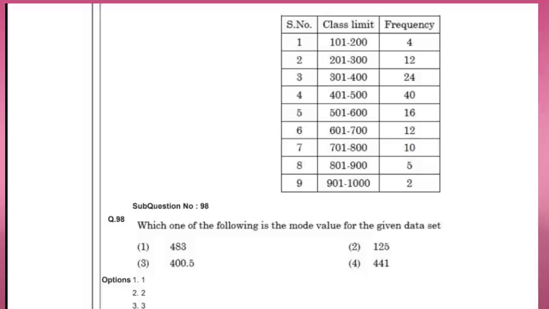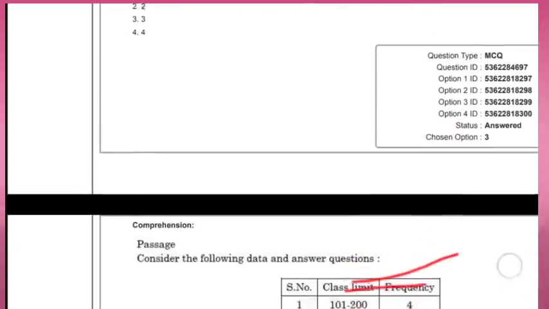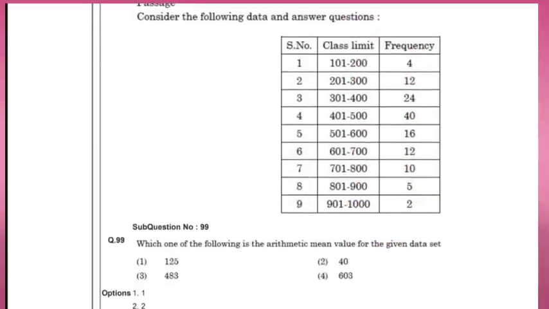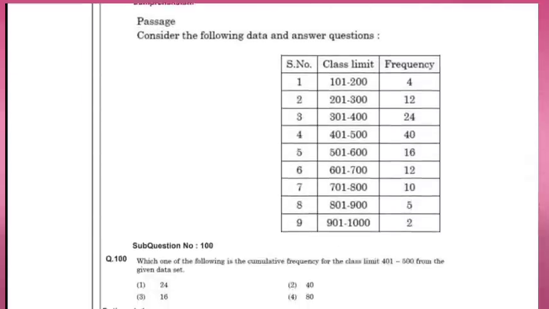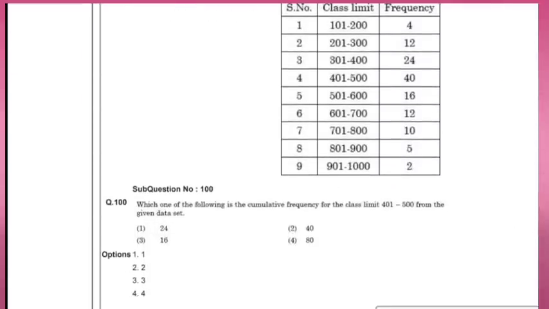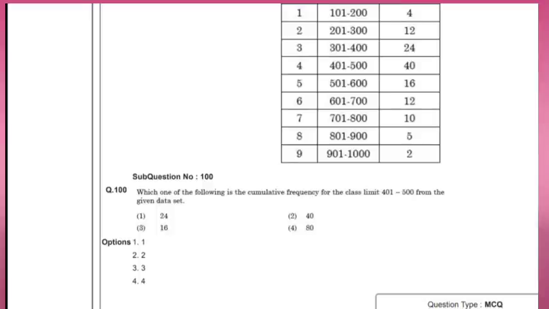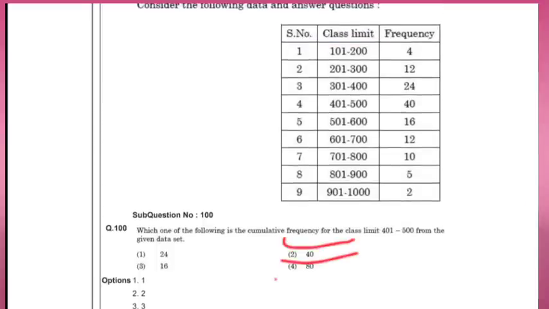The answer is option 4, 441 is the right one. And next, the passage question ID 696. The correct answer is option 3, 843. And next question, about cumulative frequency, question ID 694. The correct answer is option 2, 40.